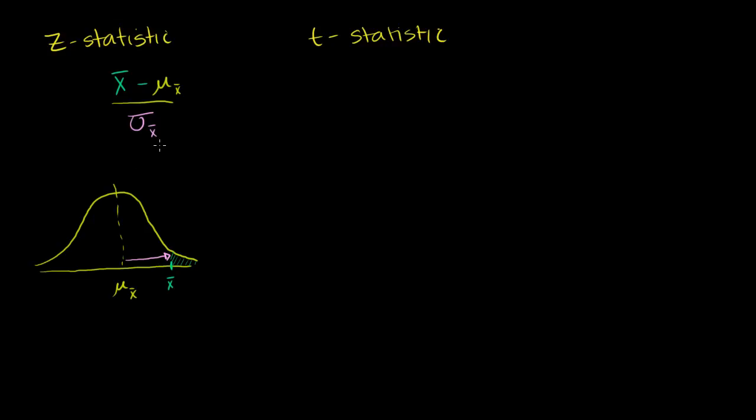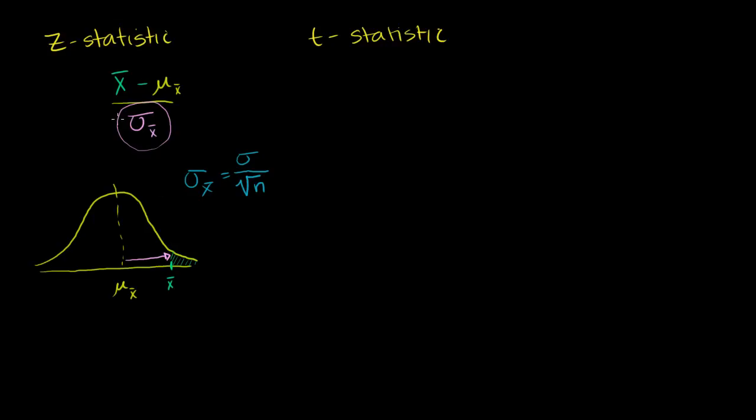Now, we usually don't know what this is either. The central limit theorem told us that, assuming we have a sufficient sample size, this standard deviation of the sampling distribution is going to be the same thing as the standard deviation of our population divided by the square root of our sample size.